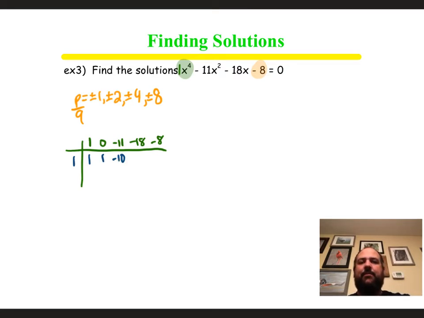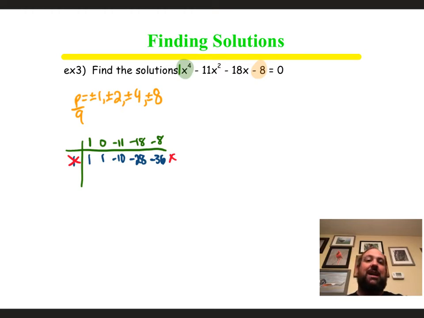That's negative 10 plus negative 18. That's going to give me negative 28. And then 1 times negative 28 is negative 28 plus negative 8. That gives me negative 36. Did I end up with 0? No. If I had, that would have been a root. So this one doesn't work. So I know for a fact 1 is not a possible root. Let's try a different one.